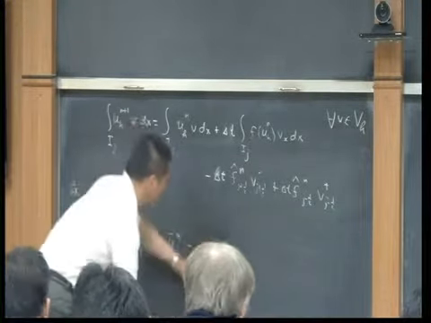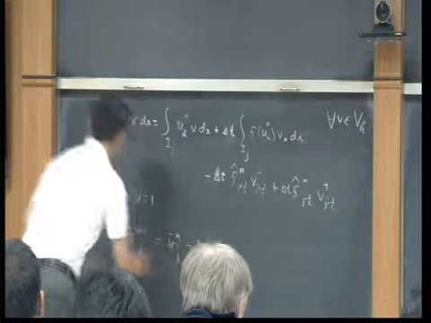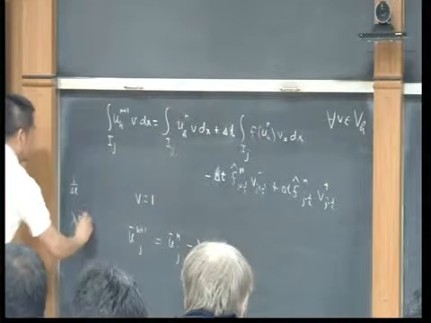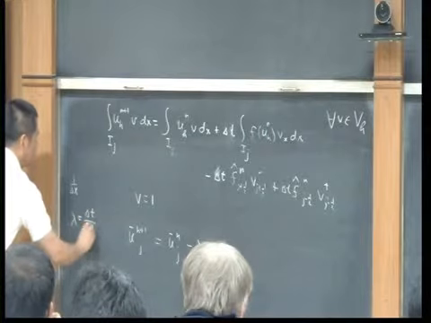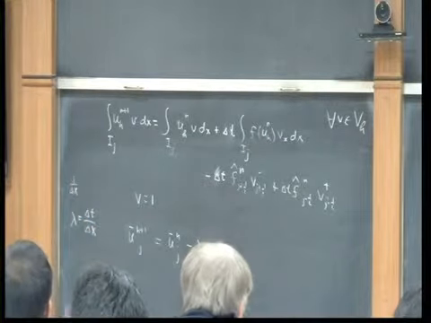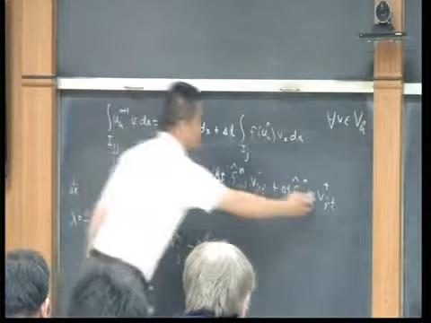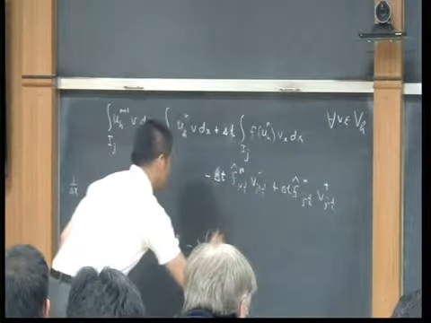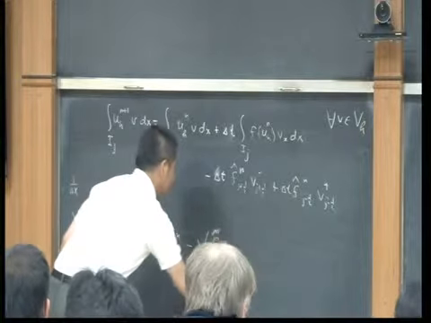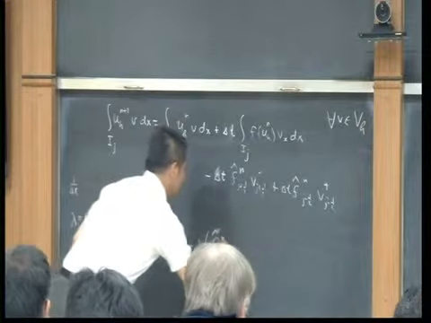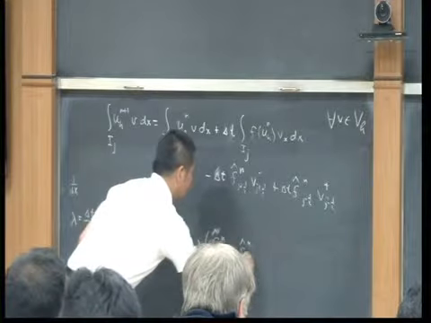I call this lambda. Lambda is delta t over delta x, the CFL number. And times, this is 1, so you just get f hat at j plus half, n, minus f hat at j minus half, n.